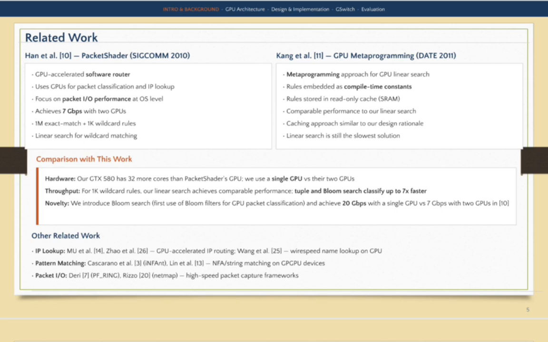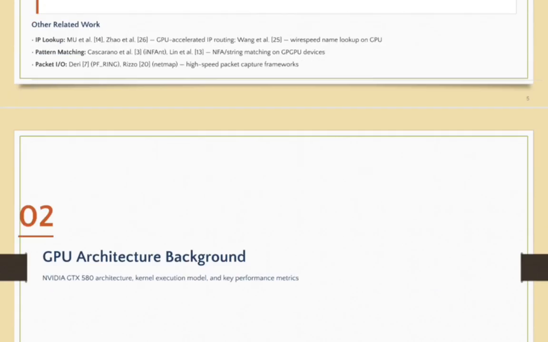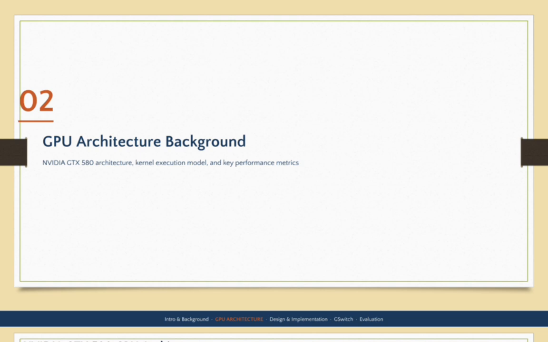The paper used the NVIDIA GTX 1080 as the test platform, and the next slide explains its architecture and the key factors that affect packet classification performance.